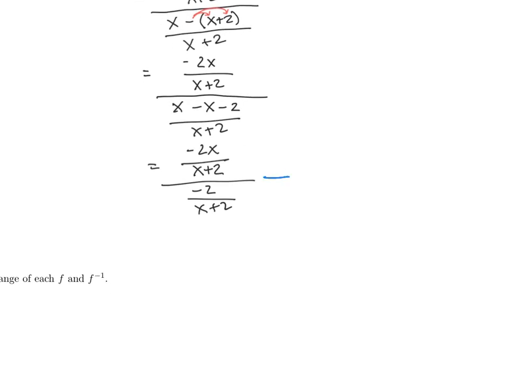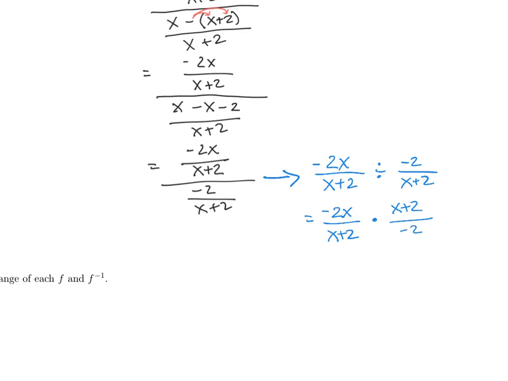I'm going to take this out to the side and rewrite it the long way, because that helps me. It's going to be negative 2x over x plus 2 divided by negative 2 over x plus 2. And we'll multiply by the reciprocal. So that'll be negative 2x over x plus 2 times x plus 2 over negative 2.